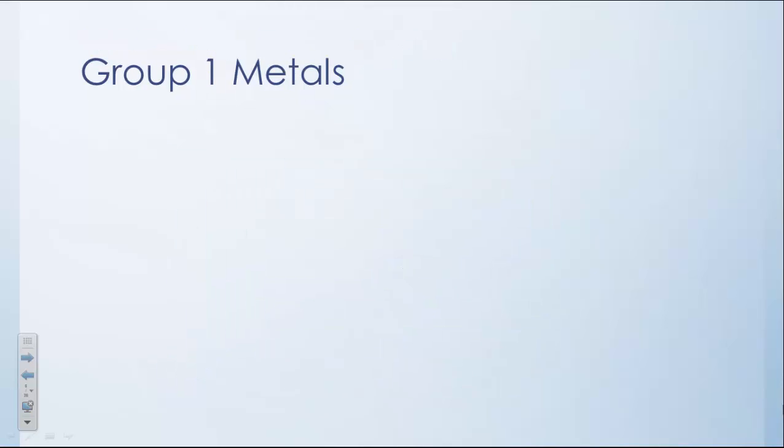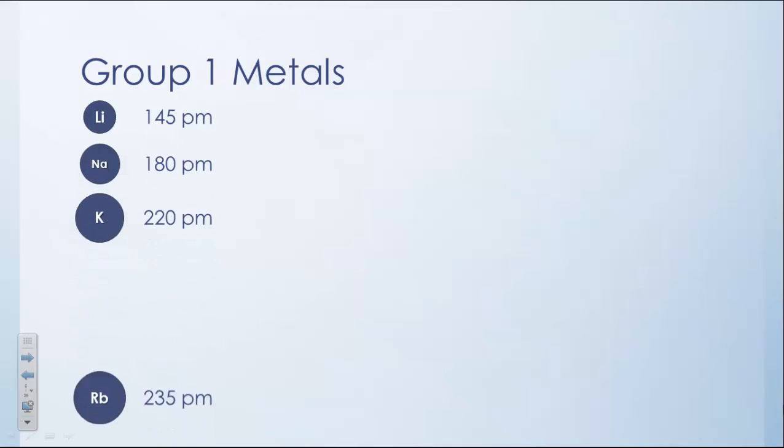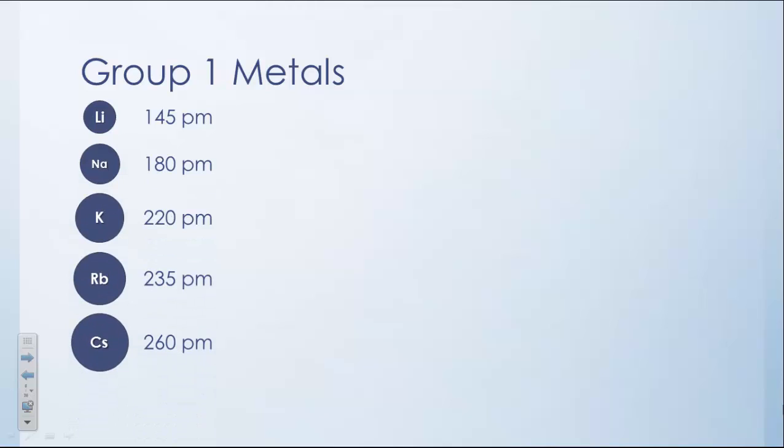If we go to the next slide, we start to understand this trend a little bit more. We see that our group 1 metals also increase in size as we go down the group. So our metals are getting larger as we move down the group, which means that the electron we're removing is getting further and further away from the nucleus.